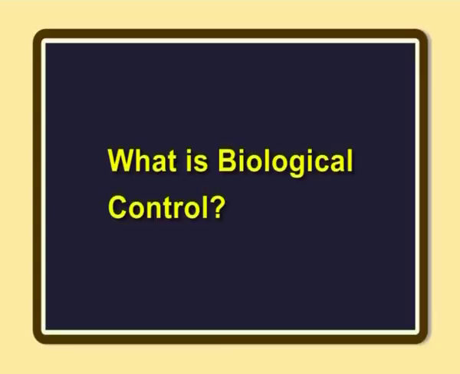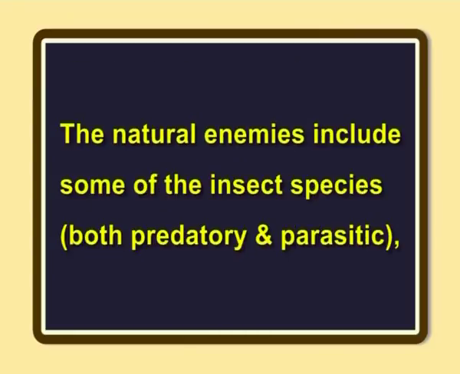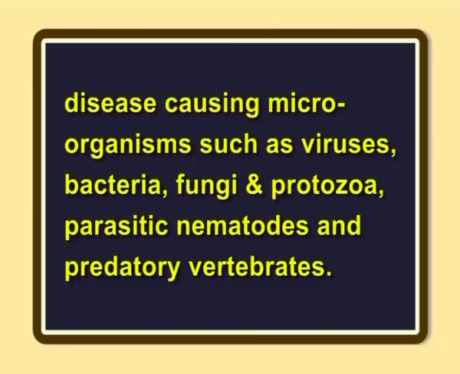What is biological control? Biological control is defined as the utilization of natural enemies to reduce the damage caused by noxious organisms to tolerable levels. The natural enemies include some of the insect species, both predatory and parasitic, disease-causing microorganisms such as viruses, bacteria, fungi, and protozoa, parasitic nematodes, and predatory vertebrates.